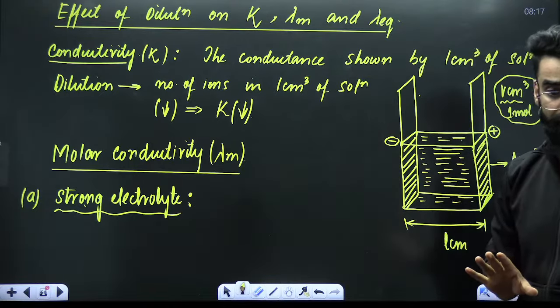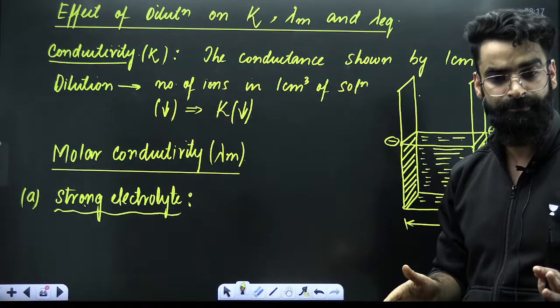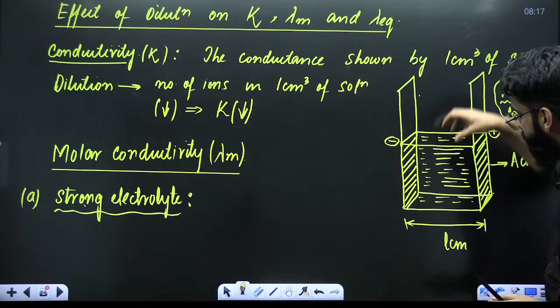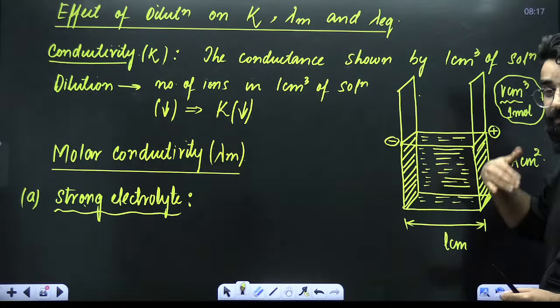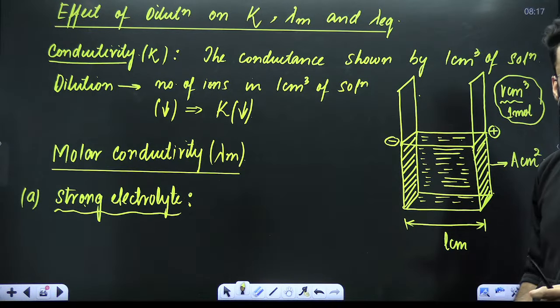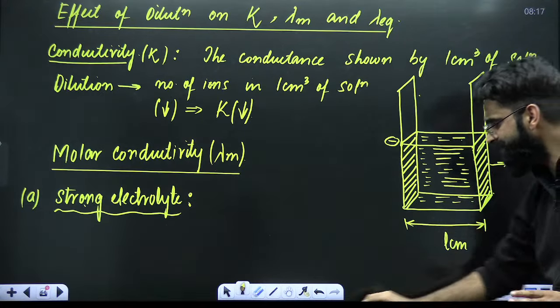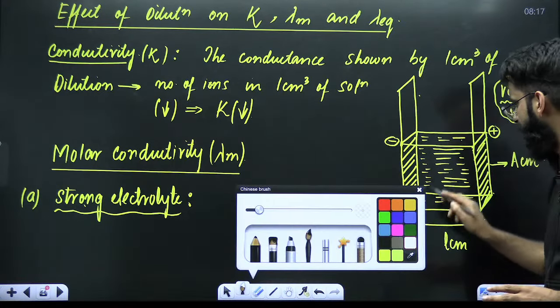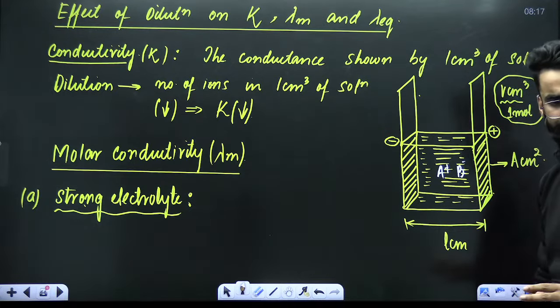A strong electrolyte is the one which gets completely dissociated into its ions. So that 1 mole of electrolyte would have been completely converted into its ions. Now, my dear students, what types of ions will be there in the container? There will be cations as well as anions in this container.